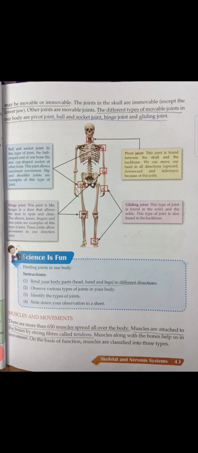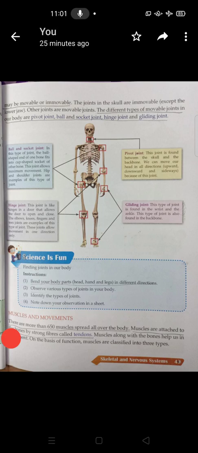The bones present in our skull, other than the jaw, are not mobile. It is an immobile joint. Okay, dear children, apart from that, there are many joints which are mobile.